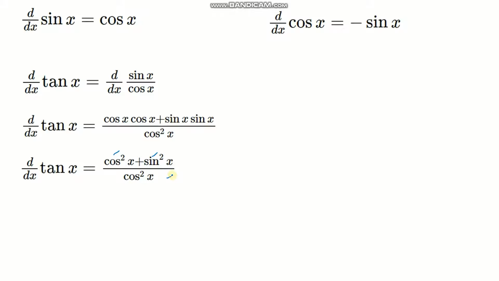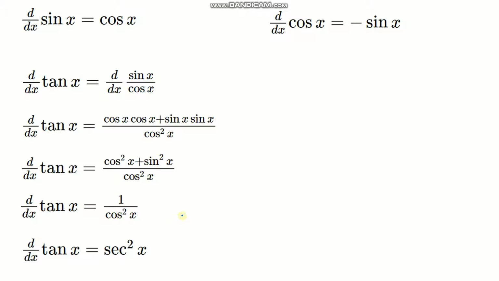But what is cosine squared x plus sin squared x? That's right, that is equal to 1. And we've got 1 over cosine squared x. But 1 over cos squared x is the same as secant squared x. So the derivative of tangent x is secant squared x.